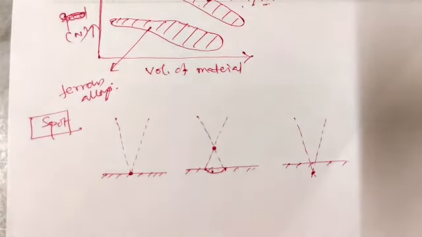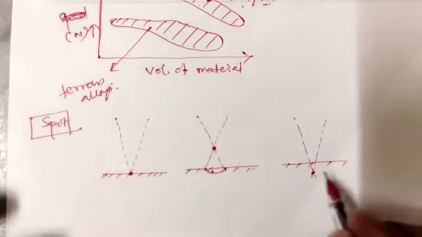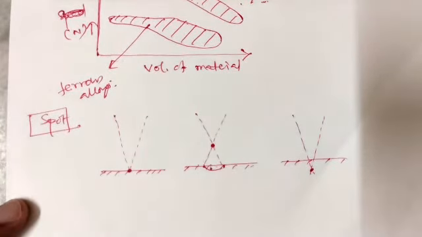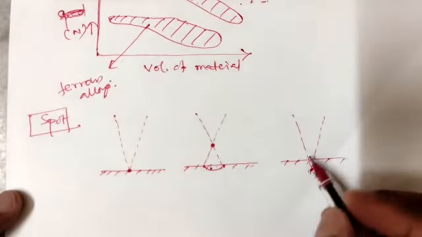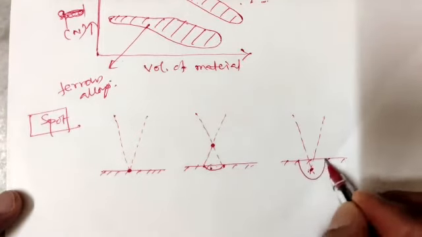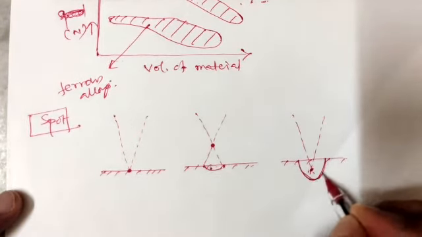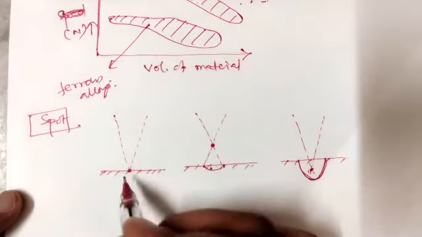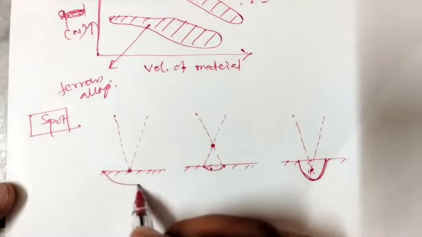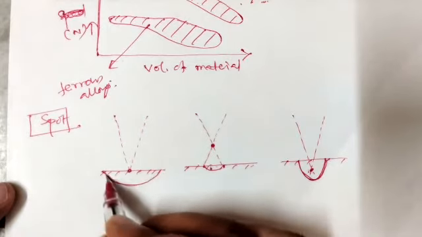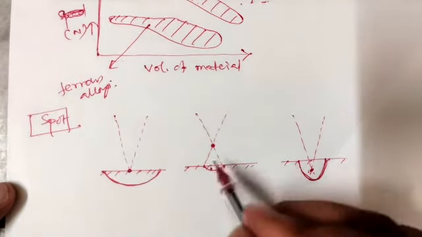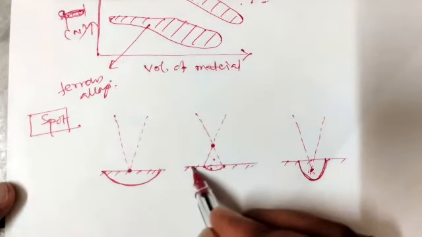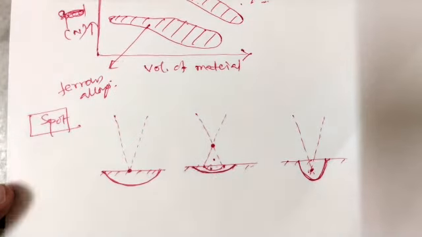Now, what kind of hole will get generated? If you are focusing like this, then you will get a hole something like this. If you are doing this, then the hole will become something like this. And if you are doing it in this way, the hole will be something like this. Got the point? So the depth of penetration will be different in each case.